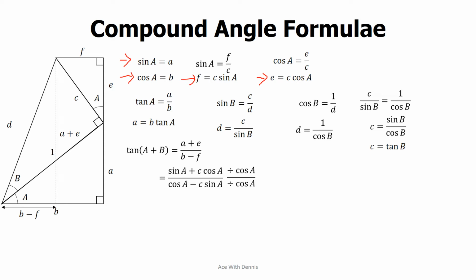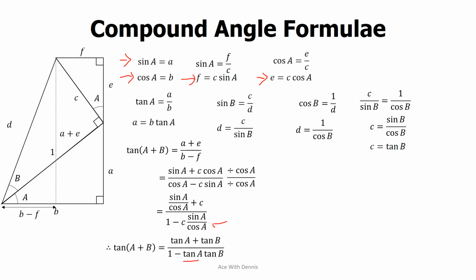Now we divide cosine A for the numerator and the denominator, and we get sine A over cosine A plus C over 1 minus C sine A over cosine A. Sine A over cosine A is tangent A. At the bottom also the same, sine A over cosine A is tangent A. And what is C?